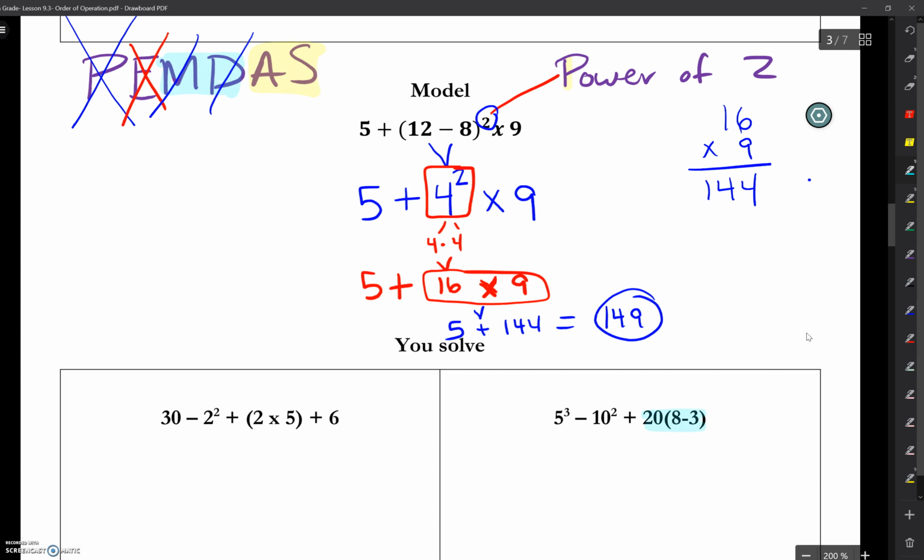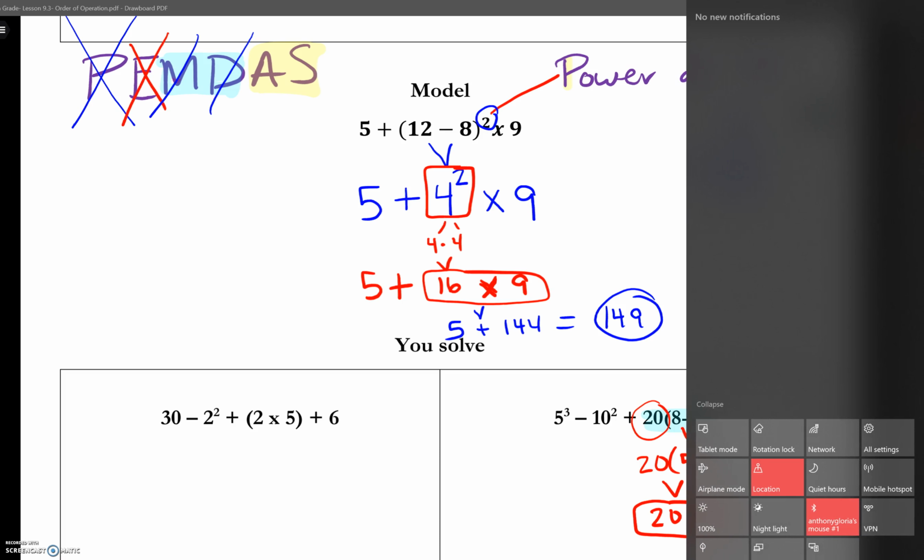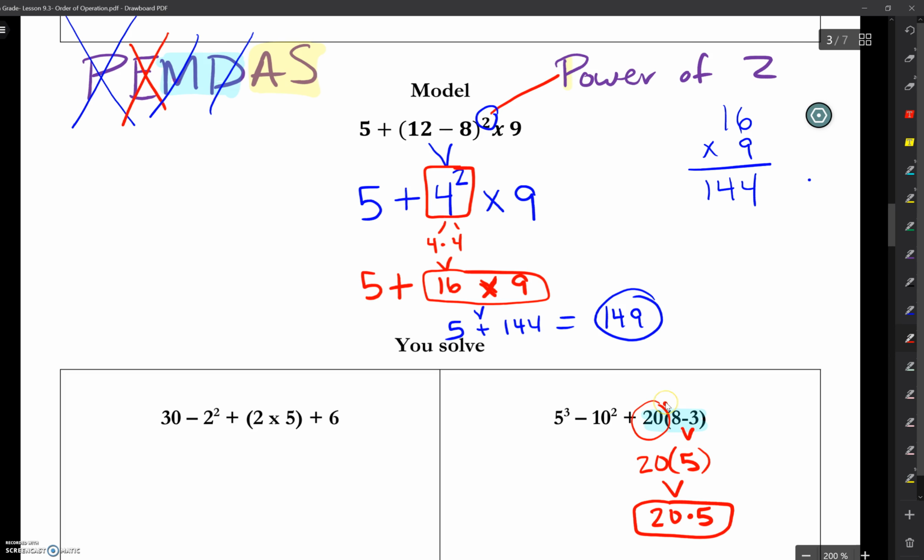Now I want you to go ahead and solve these problems here. This problem right here means you're going to do what's in here first, which is 5, and then you keep the parentheses and you put the 20 outside. And what this means is 20 times 5, which equals 100. So when we multiply, in 4th grade, we started with multiplication like this, 20 times 5.